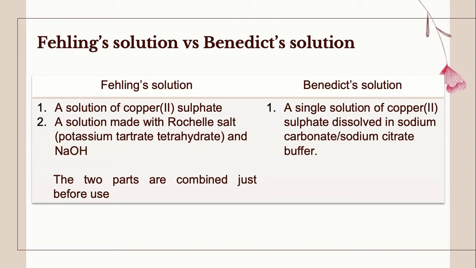Benedict's solution is a copper complex as well, but it is copper(II) sulphate dissolved in sodium carbonate or sodium citrate buffer. So note that in Fehling's solution we use copper(II) sulphate, and in Benedict's solution we use copper(II) sulphate as well, but in Benedict's it is dissolved in sodium carbonate. In Fehling's it is mixed with Rochelle salt.